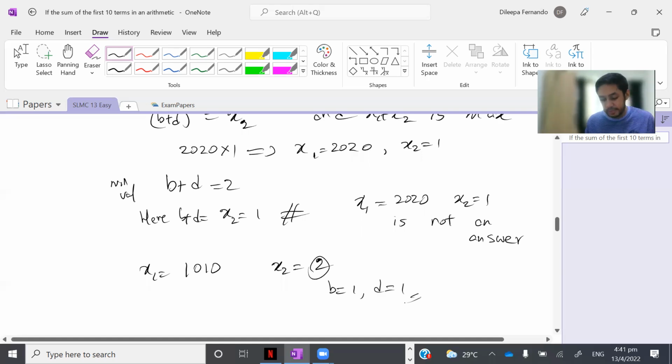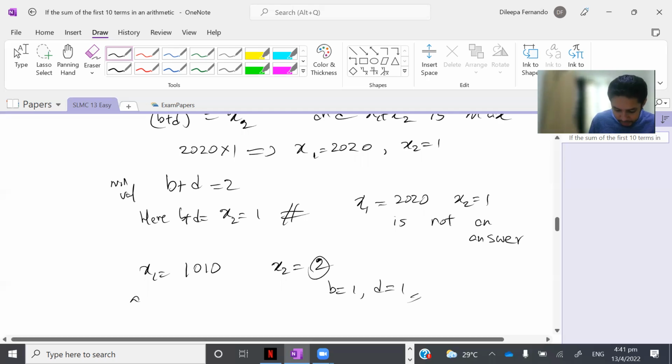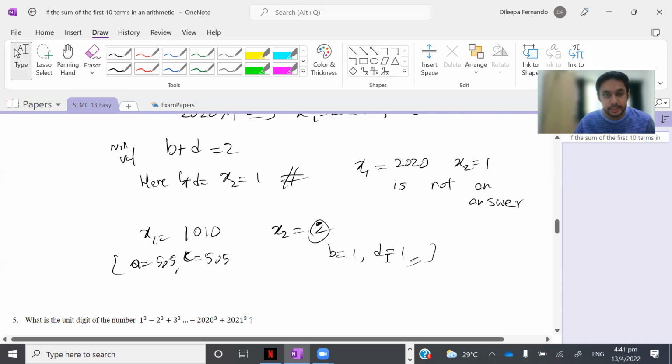For 1010 also, we can find any set of a and b which satisfy this. For example, we can say a equals 505, c equals 505. It doesn't matter, but we are looking at the maximum summation. Now we can see that x1 and x2 are valid answers.